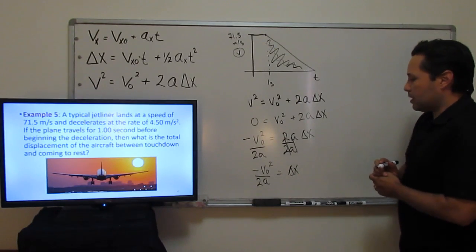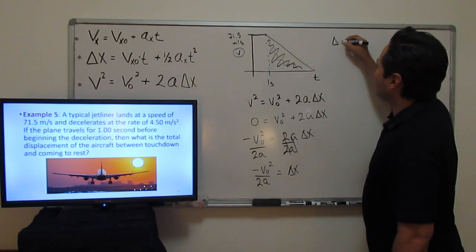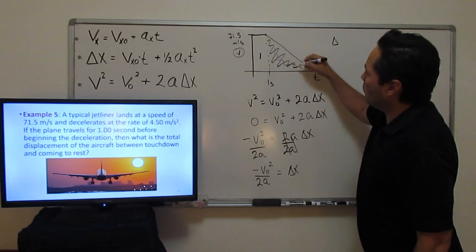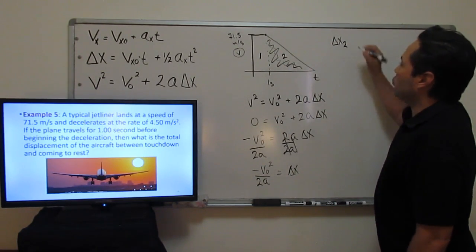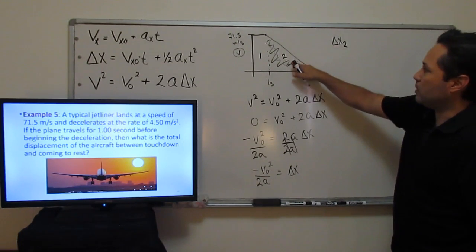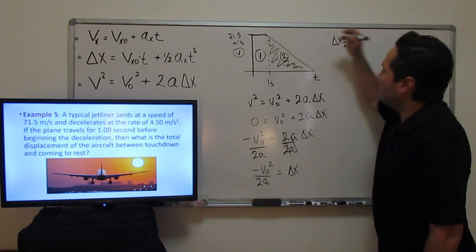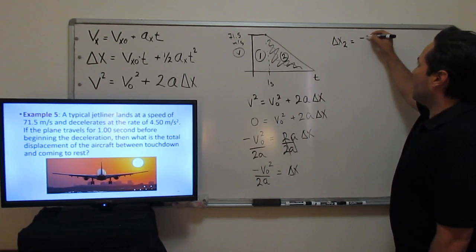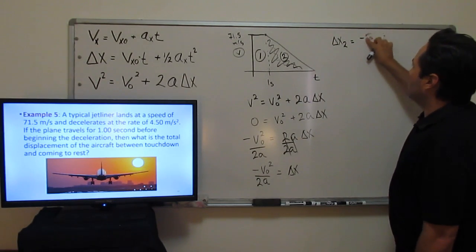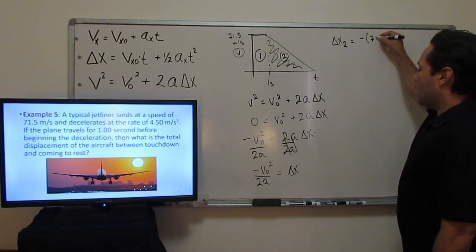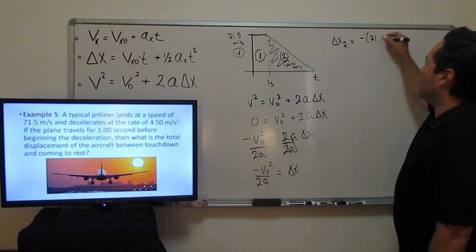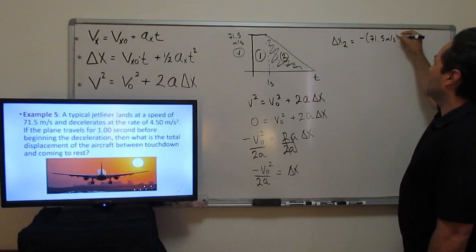So for that section, let's solve for that. Let's call this one section 1 and this one section 2. So I'm going to put delta x2 for that section, that's our second section right there. It's going to be negative v naught. Let me put in the value for that. The plane was traveling at 71.5 meters per second.